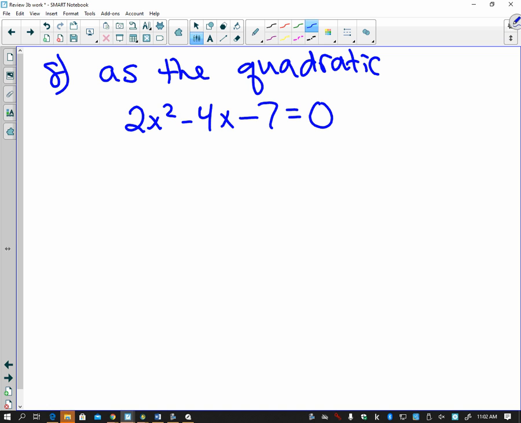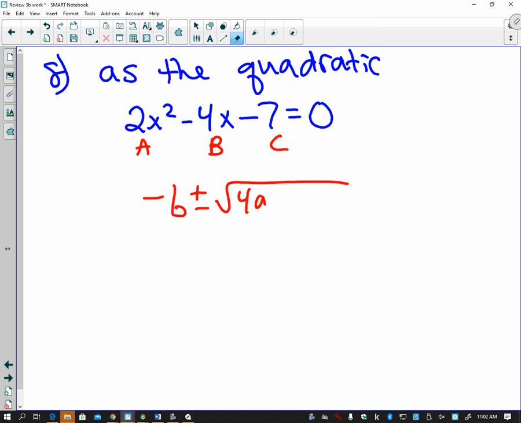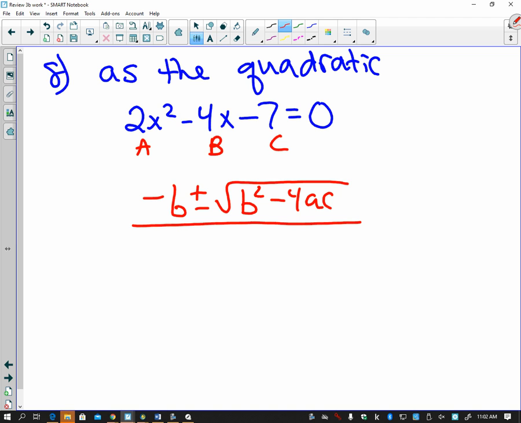All right, so we have an A, a B, and a C, and our quadratic formula is negative B plus or minus the square root of B squared minus 4AC, all over 2A, okay? If any part of this is wrong, your answer will be wrong.